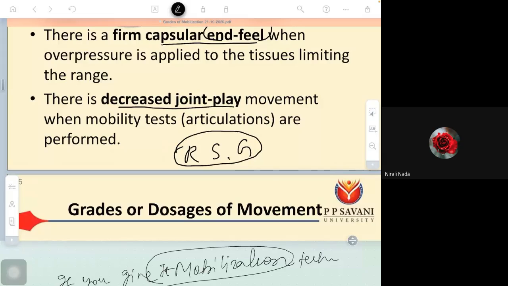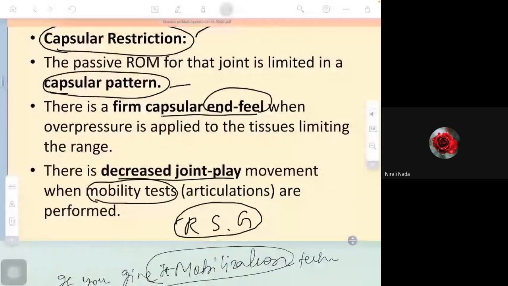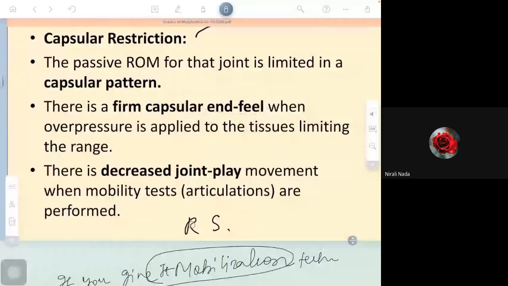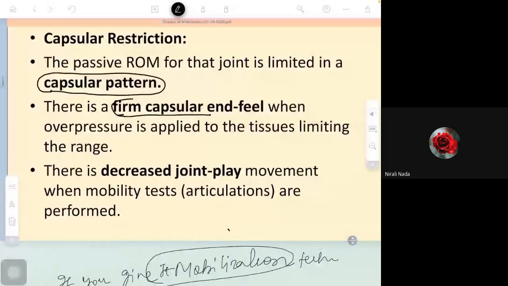So we have studied 3 points in this slide. What are the 3 points? First, the range of motion restriction is due to the capsular pattern. Second, the end feel is firm capsular.